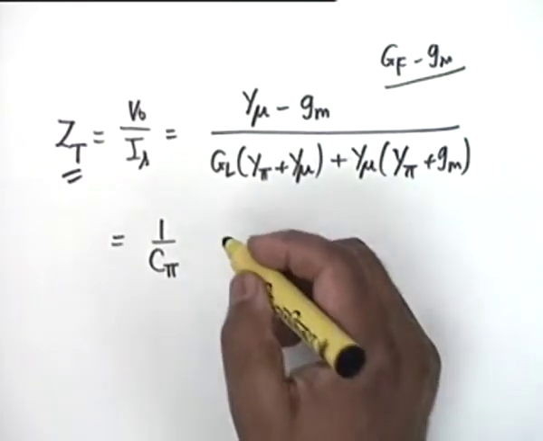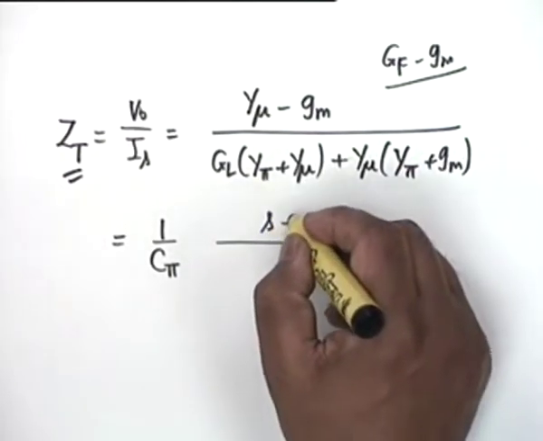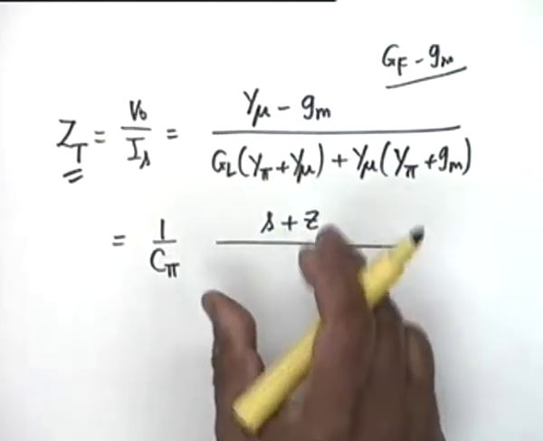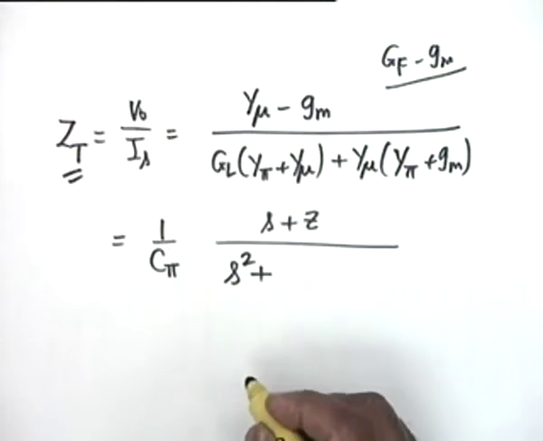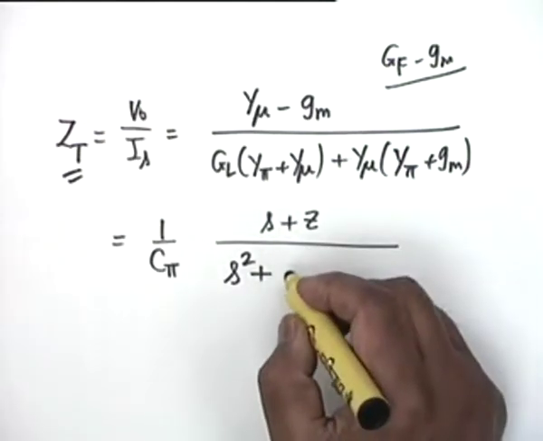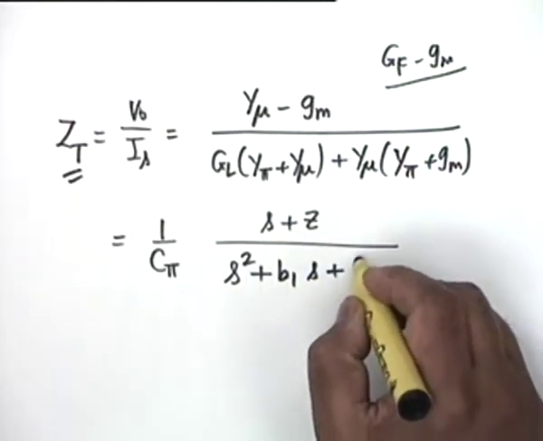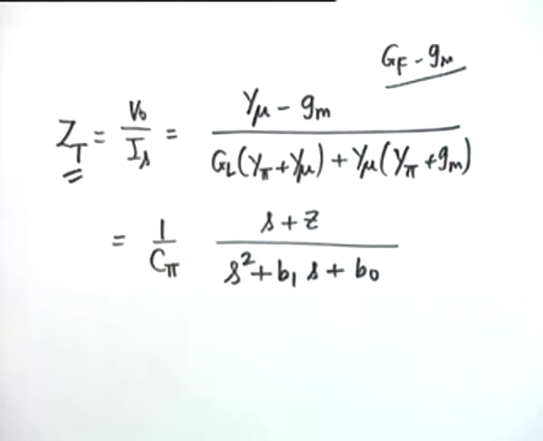You will see that that comes out as a constant, multiplied by s plus z, that takes care of the 0, and in the denominator I shall have a polynomial of degree 2, s squared plus b1 s plus b0, where the various constants small z, b1 and b0 are as follows. Is this point clear that it will be of this form? Okay.